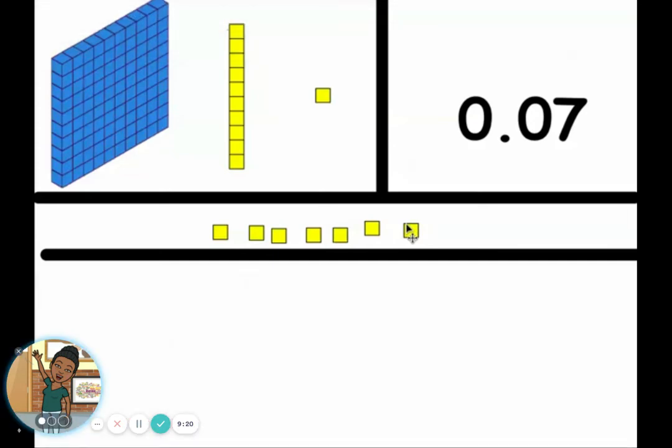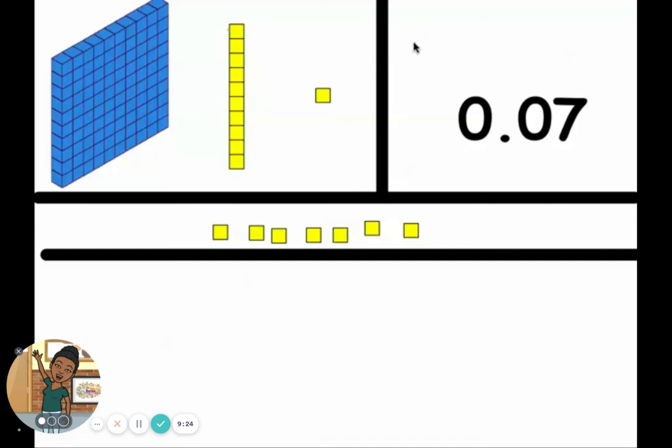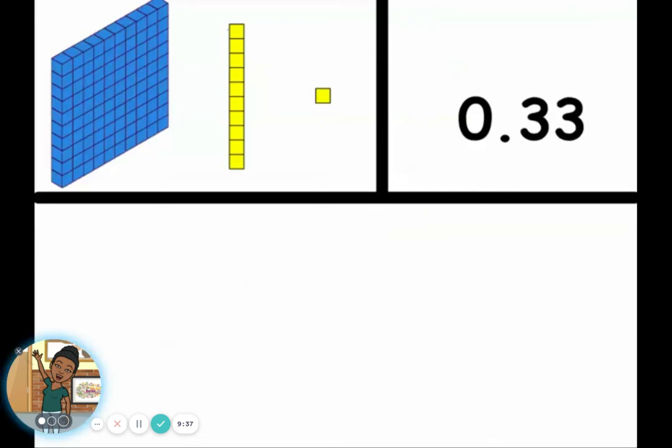All right, this represents 7 hundredths. Remember, if we're going to write this in words, write the number first. So we've got a 7 and then the place value, which is in the hundredths place value. So 7 hundredths.